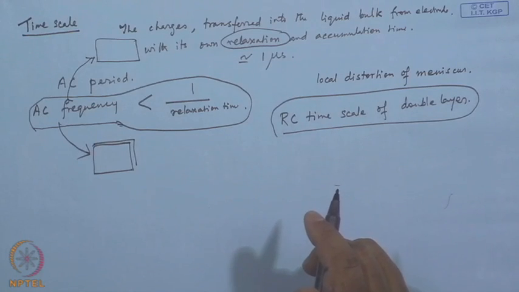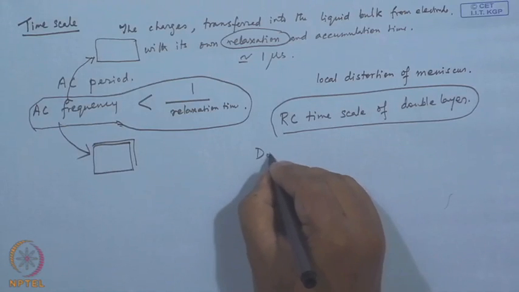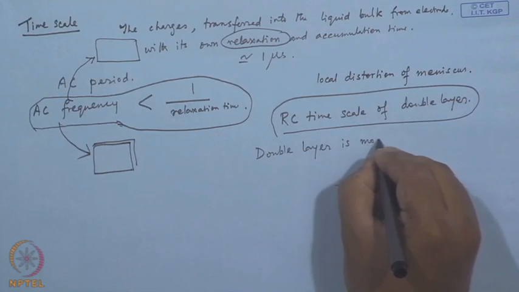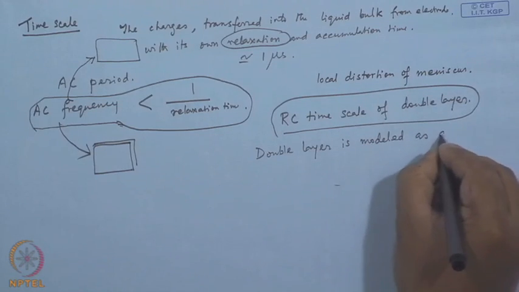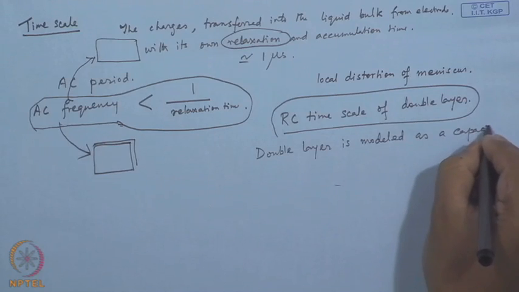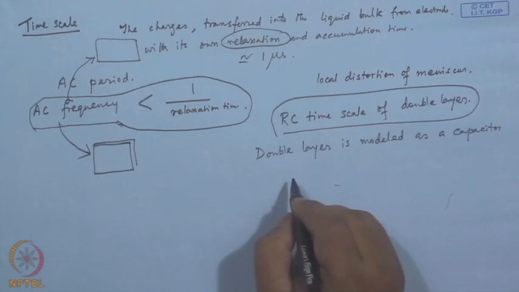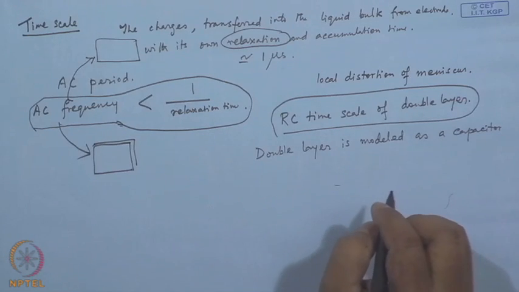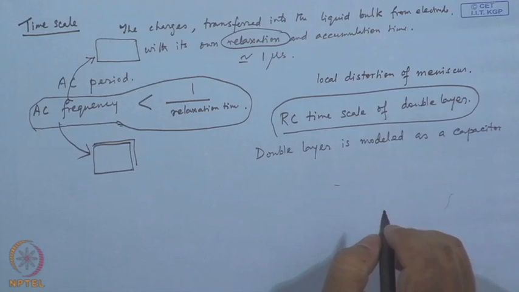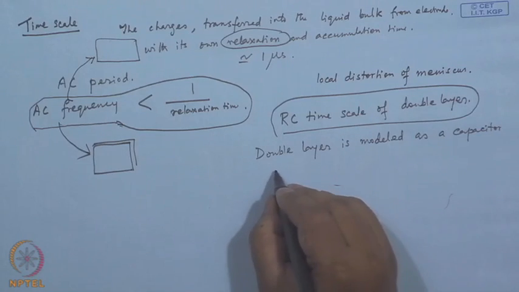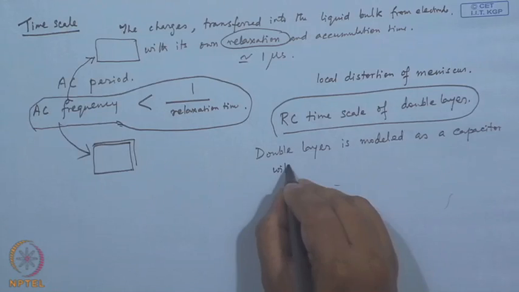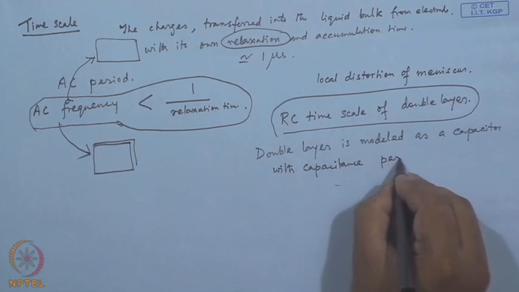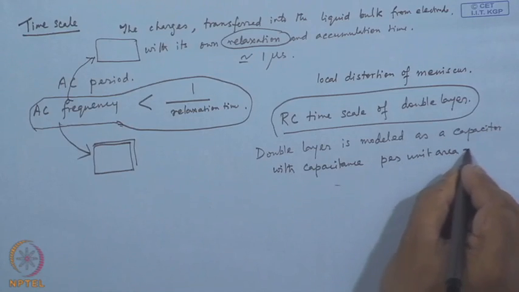Typically, the double layer is modeled as a capacitor with capacitance per unit area equal to epsilon divided by lambda d.